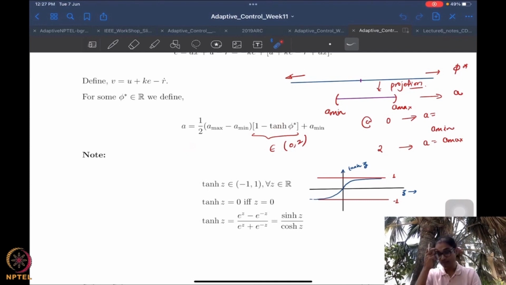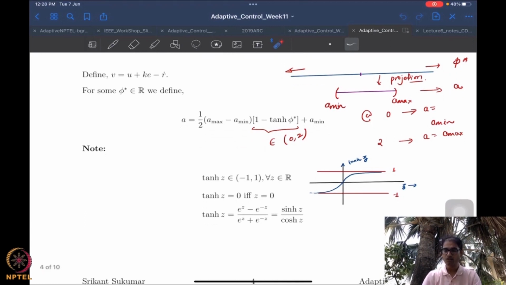if you essentially try to see the bounds on this, you can see that this lies between 0 and 2, right? This 1 minus tan hyperbolic lies between 0 and 2, and if you substitute 0, you get a min on the right hand side. If you substitute 2, you get a max on the right hand side.